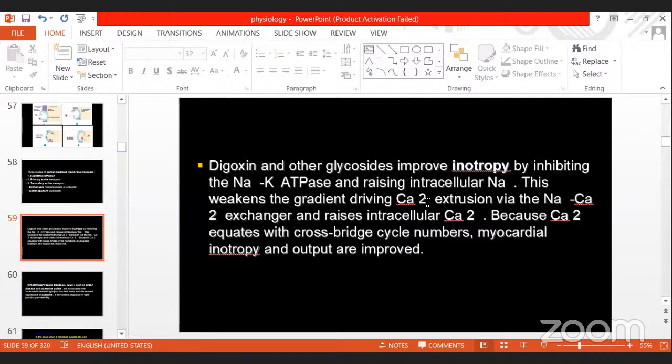So the calcium level will increase in the cardiac cell, and that will increase the myocardial inotropy, and because of the increased level of calcium, the cardiac output will be improved. That is the mechanism of action of digoxin.